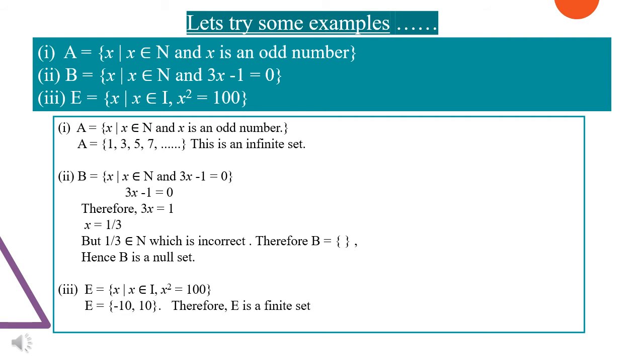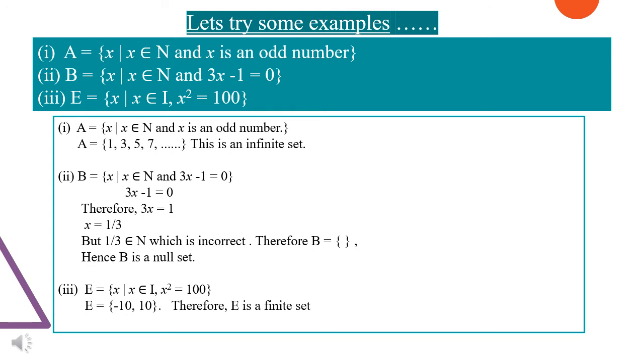I get 1 upon 3. So the value of x is 1 upon 3. Now further they have given that this value belongs to natural number. But we know this is not a natural number, correct? It's a rational number. So here, therefore my set will be a null set.